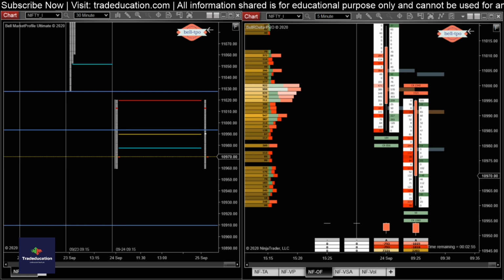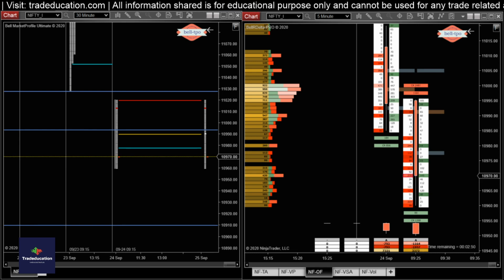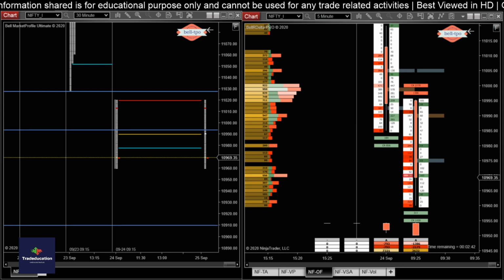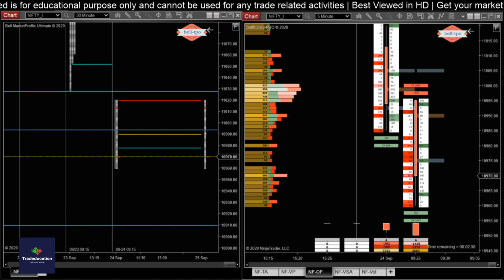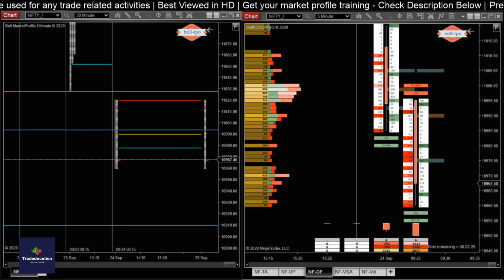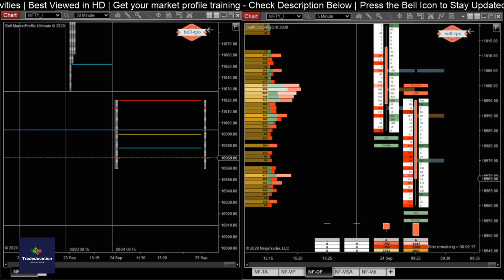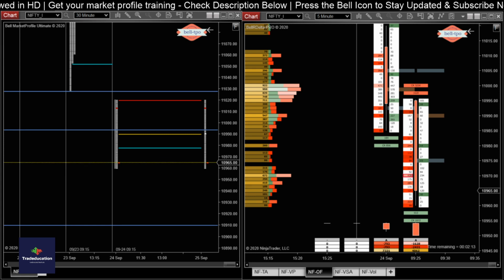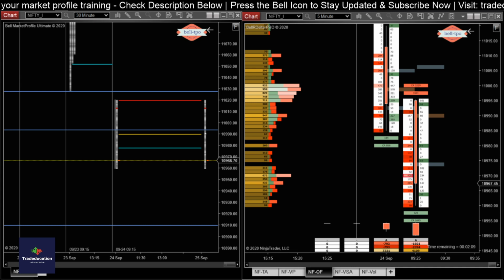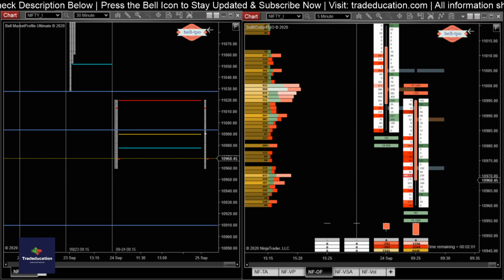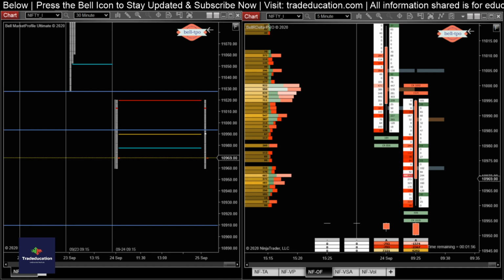So I'll just look at the volume of the current 5-minute candle. So a lot of momentum sellers, momentum selling happening.